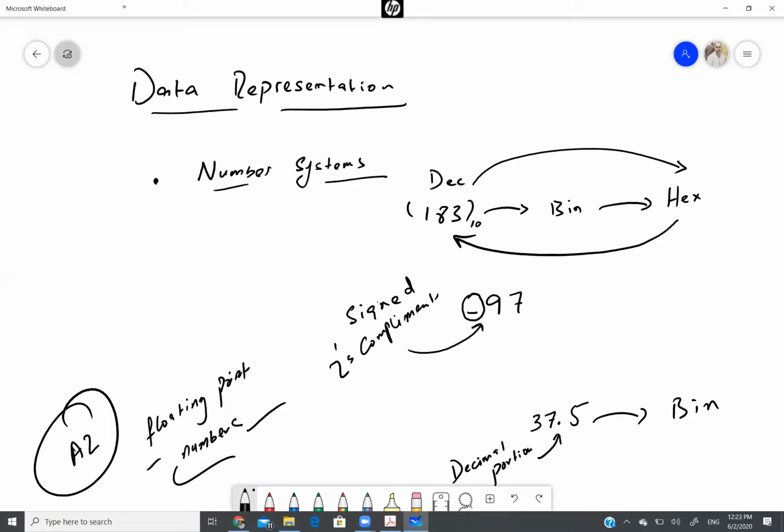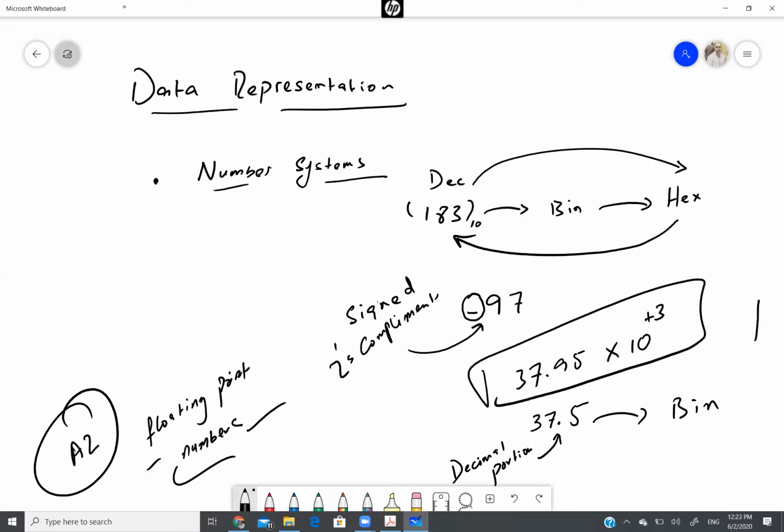Okay. And there's one other thing, what we call mantissa and exponent. For example, if you have a number like this, and you have something like this representing, let's say +3. Familiar with this kind of thing in mathematics?